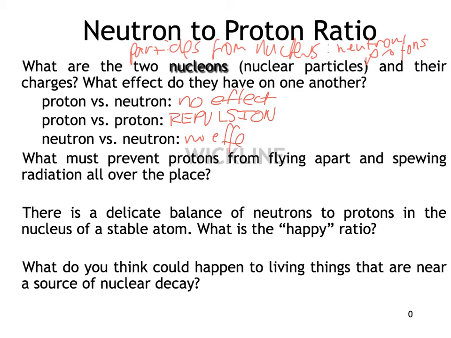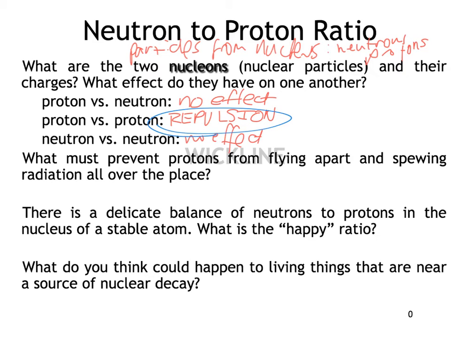So what I've just done here is I included all the options for what can happen in the nucleus between a proton and a neutron, or a neutron and a neutron, or a proton and a proton. And the only one that really has any effect to be noticed is the proton to proton effect, and that is the one that produces repulsion.